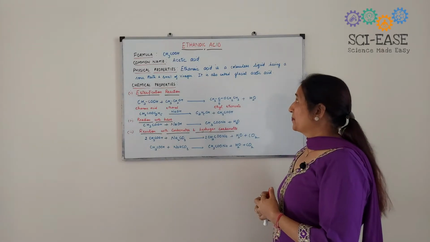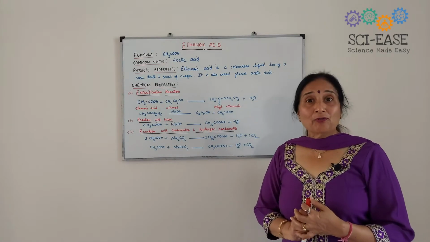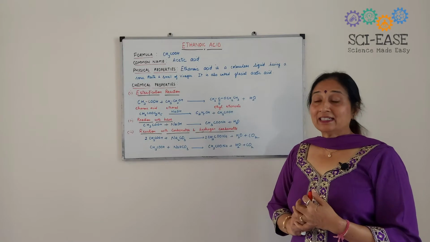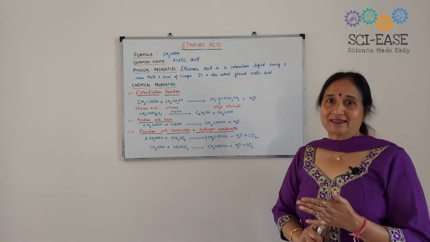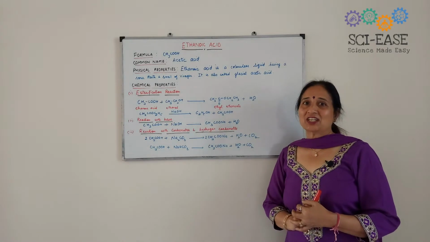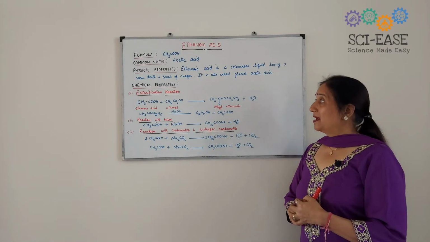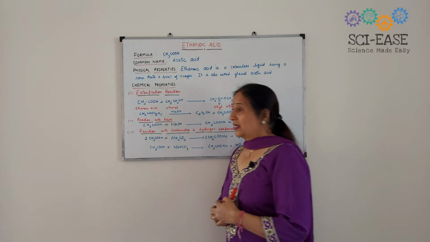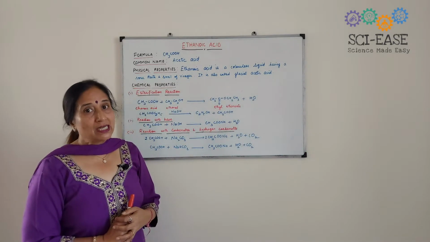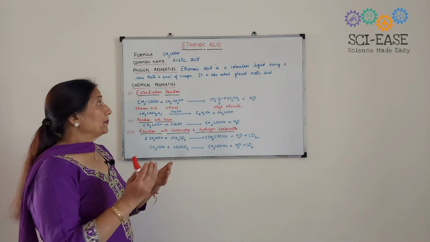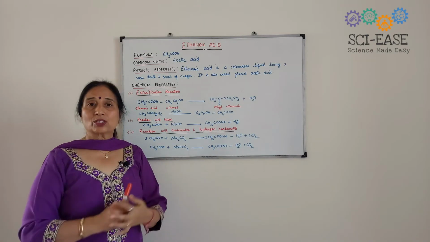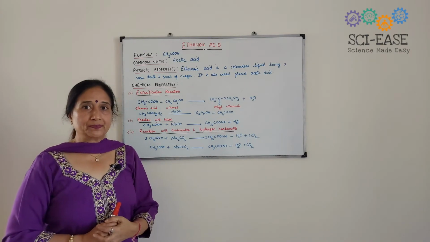That is why the pure form of acetic acid is known as glacial acetic acid. It has a boiling point of 118 degrees Celsius, and it can be easily dissolved in water.